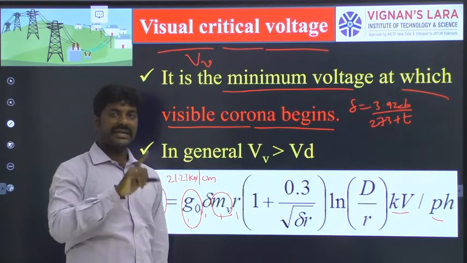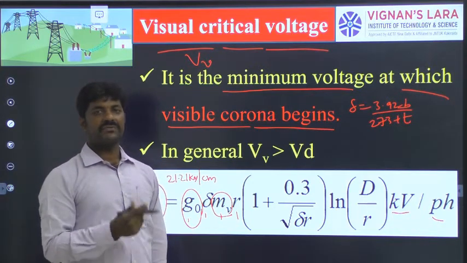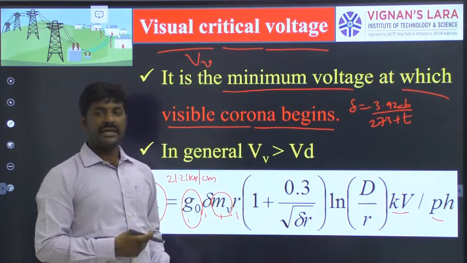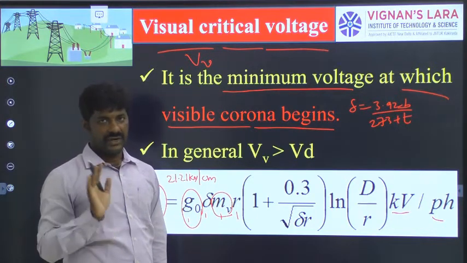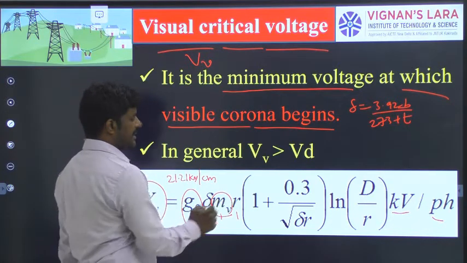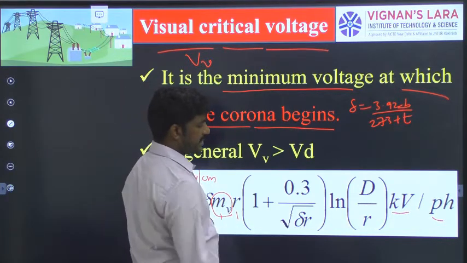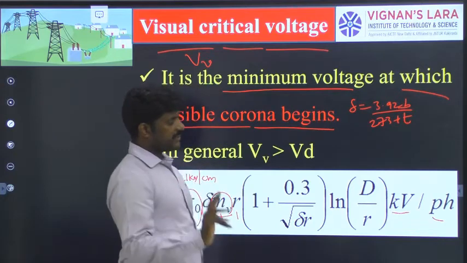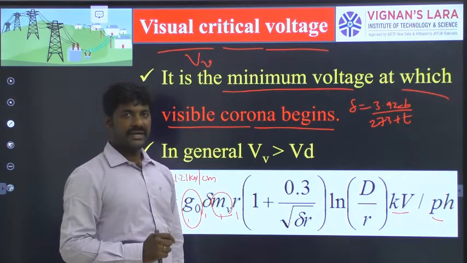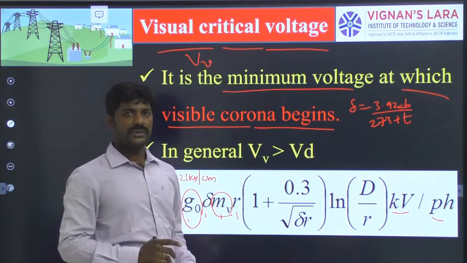Previously M naught was the irregularity factor for finding the disruptive critical voltage based upon the surface of the conductor, but here MV is called the irregularity factor for visual corona. R is the radius of the conductor, delta is the air density factor, D is the spacing between the conductors, and R is the radius of the conductor. So this is an empirical formula we can directly use for our problems.